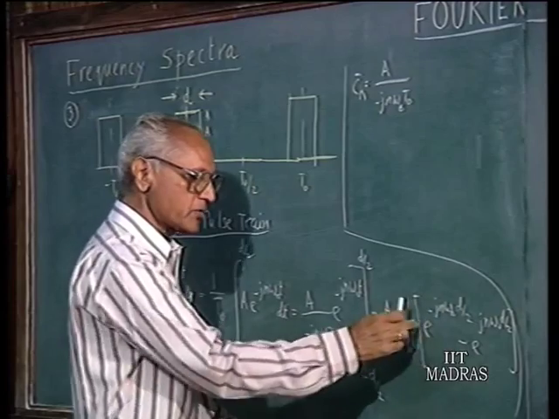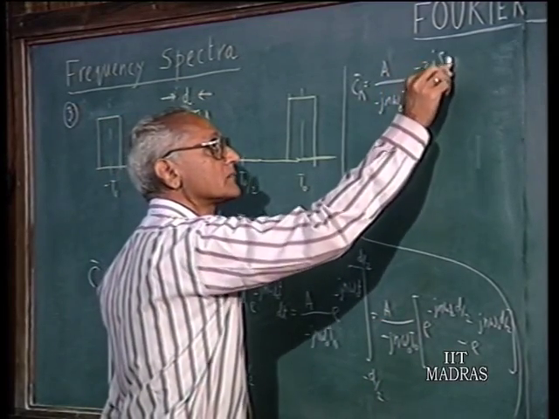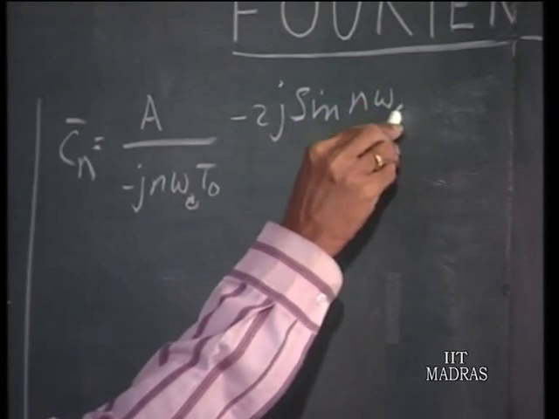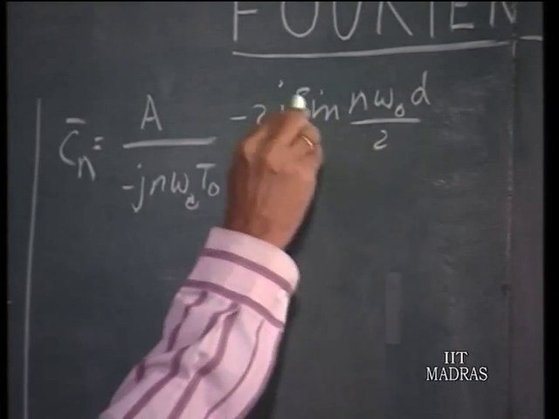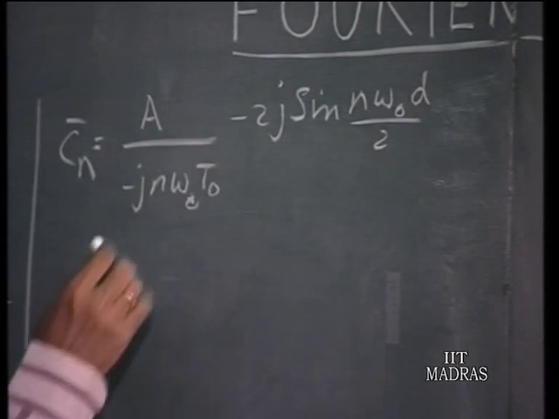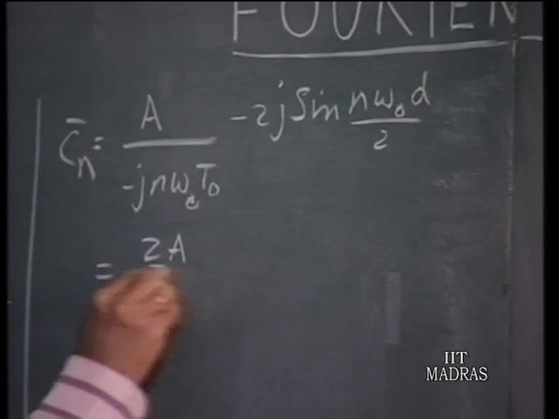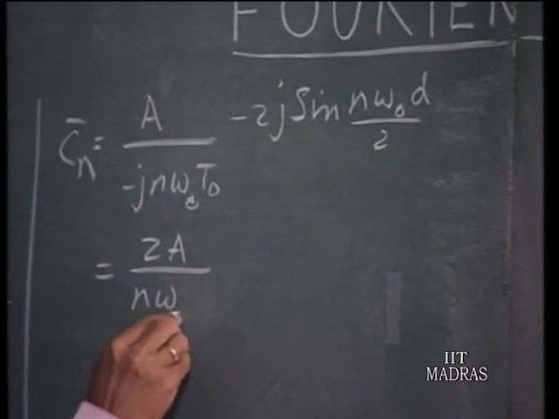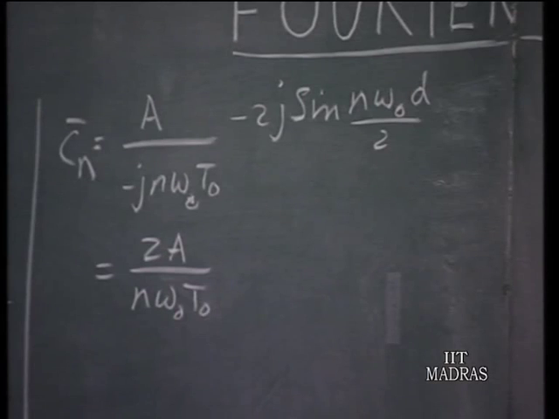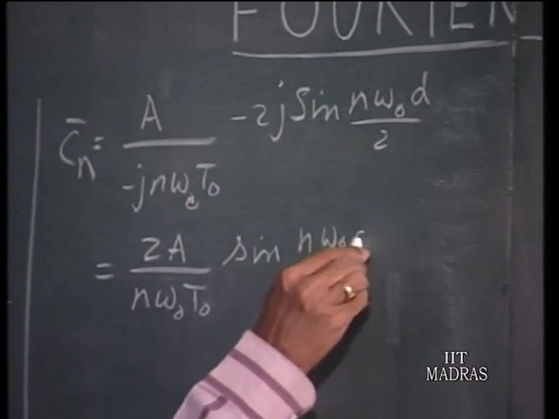But since of the negative sign, we reverse this, I can write this as minus 2j sin of n omega naught d upon 2. So cancelling this minus j on both sides, you have 2A over n omega naught T0, times sin of n omega naught d upon 2.